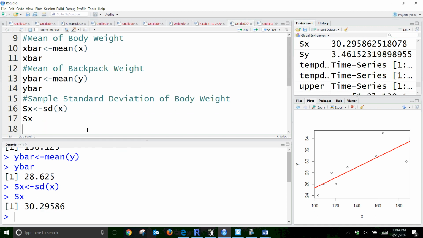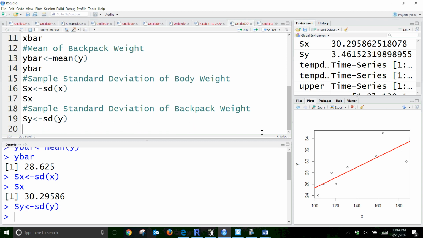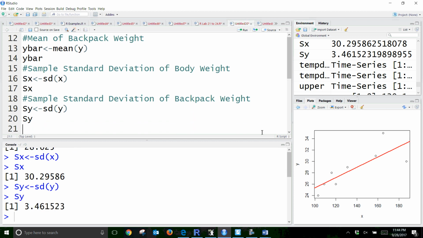Okay, so we see that's 30.29586. Then we want the standard deviation of backpack weight. And we'll call this S sub y. That'll be the standard deviation of y. That's 3.461523. Then it wants to know, what is the correlation coefficient R?